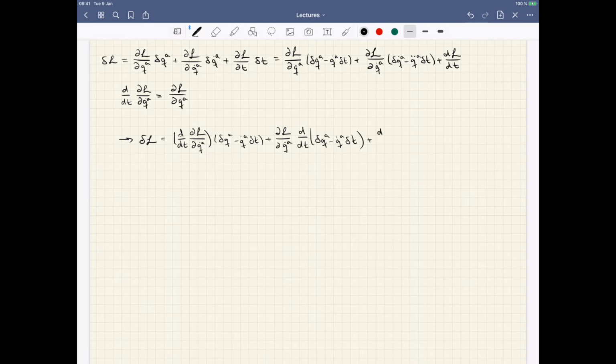Then plus this total derivative dL/dt. Now if we look at those two terms and just apply the product rule for derivatives, this is d/dt times dL/dq dot^a multiplied by (delta q^a minus q dot^a delta t) plus the Lagrangian L.